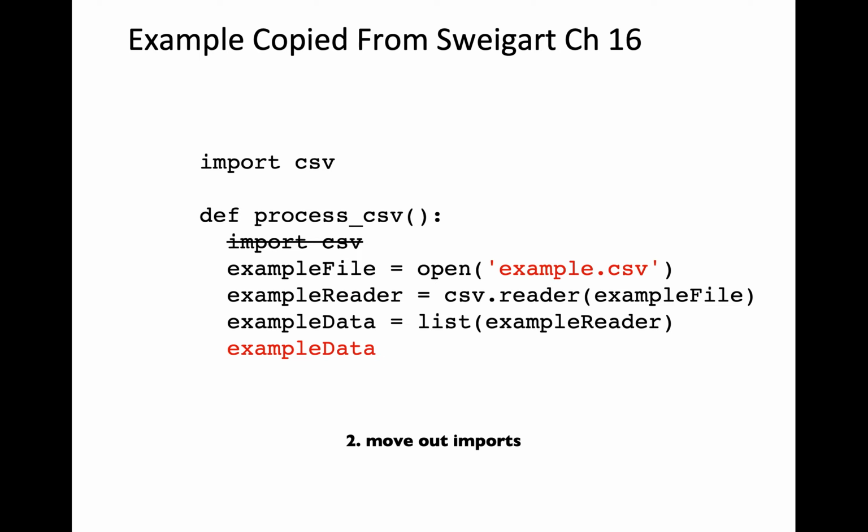We need to then move the import statement for importing the module outside the function definition. You don't want to be repetitively performing the import. That will cause an overhead for running your program. Then think about what should be the output from the function. That would be example data here.